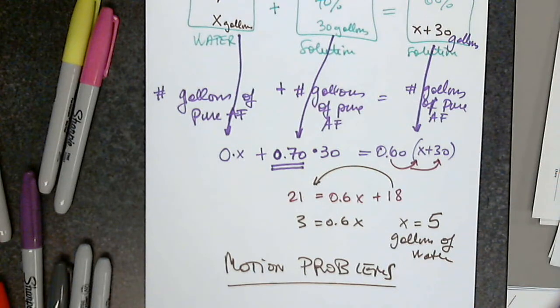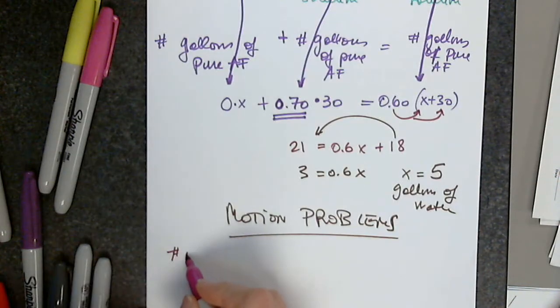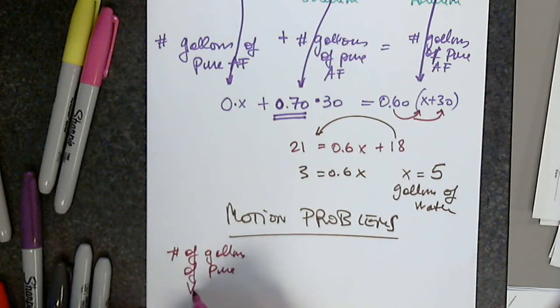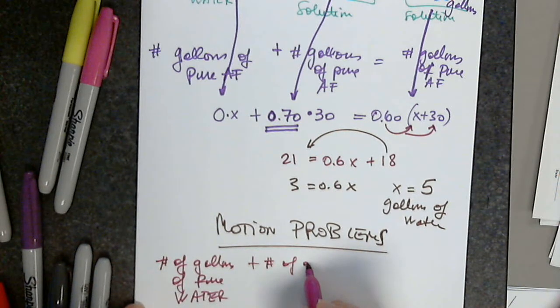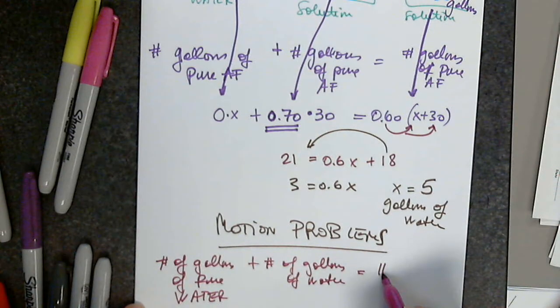Number of gallons of water, plus number of gallons of water, equals number of gallons of water.